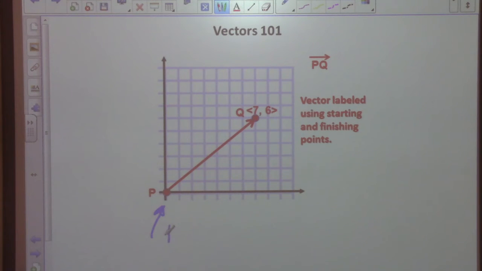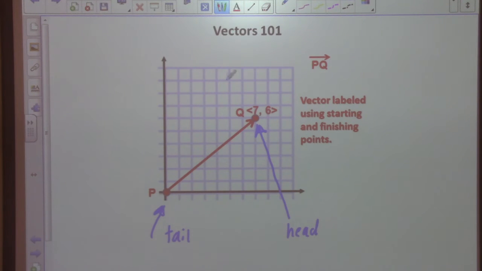The starting place of the vector is called the tail, and the end of the vector is called the head or tip, but usually head. So that's a graphical representation.